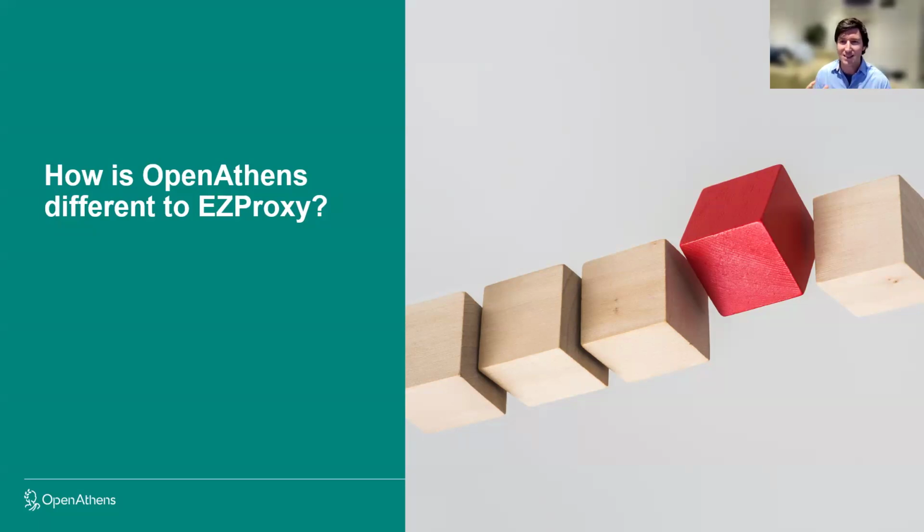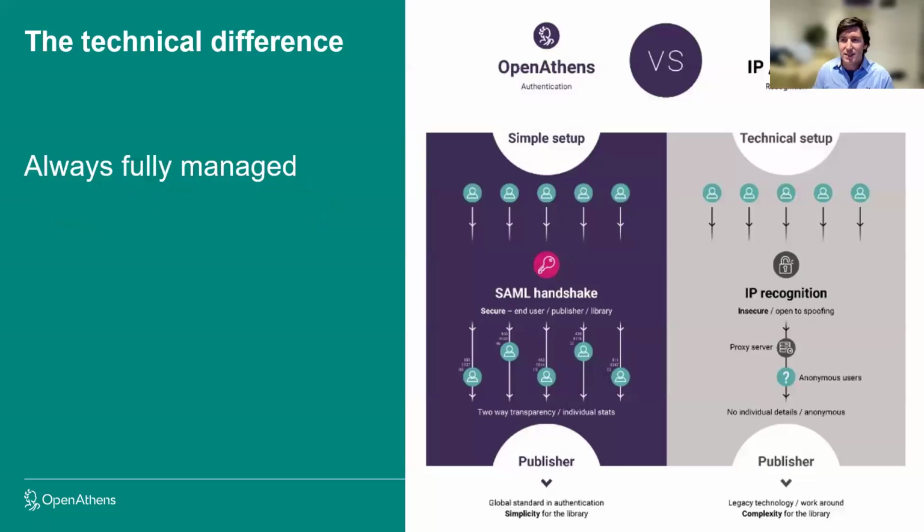When you're comparing, it is quite difficult because although they're doing the same thing, they are doing it quite differently, and that has different outcomes. There were a couple of bits I wanted to touch on as just a very broad answer. If you wanted to know directly about your own EasyProxy and your institution, that's something we can have on another call. The big one is the technical difference.